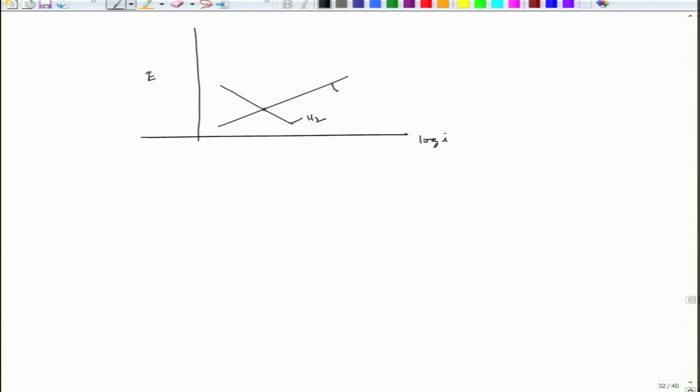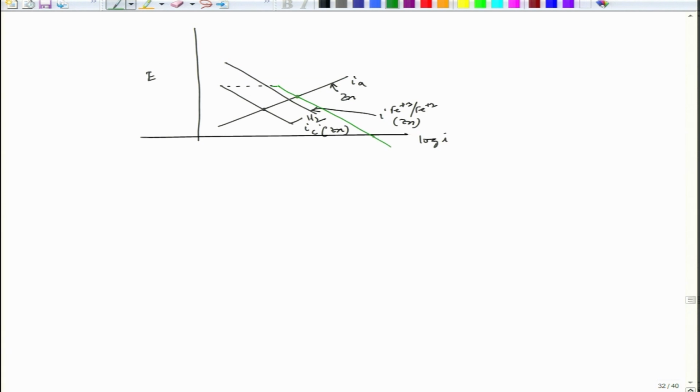I just simply write hydrogen and zinc. This is IA, this is IC hydrogen over zinc. Now, if this is my IC, Fe+3 to Fe+2 over zinc, then here I could see that we can have the existence of hydrogen evolution reaction.